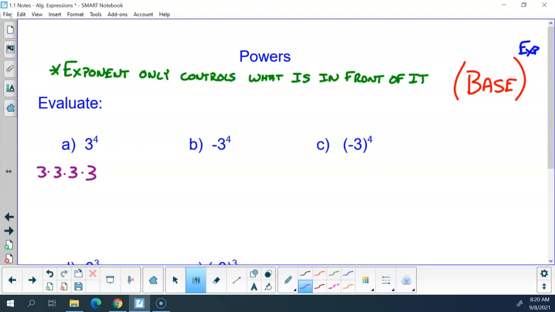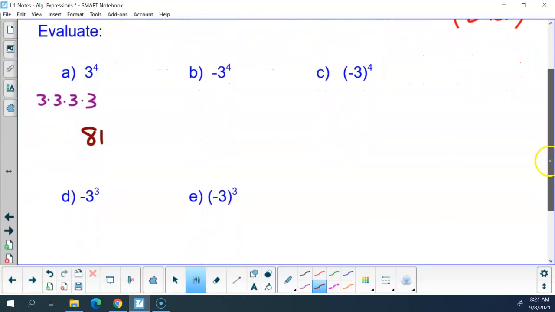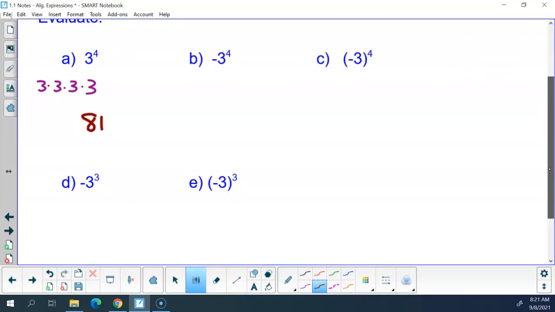So 3 to the 4th power is 81. You now figure out for me what these other ones are. Figure out what those other 4 are.